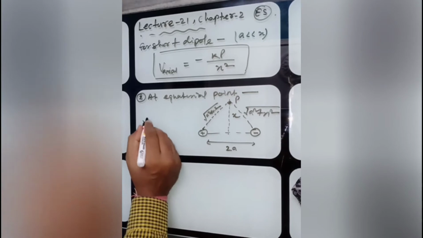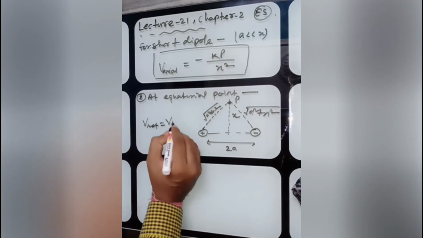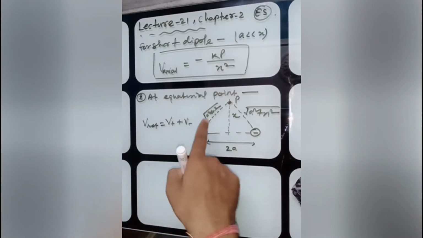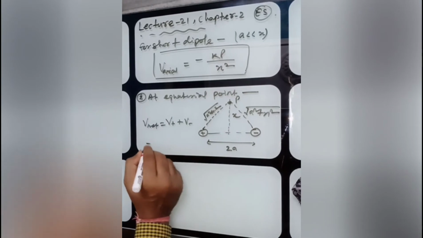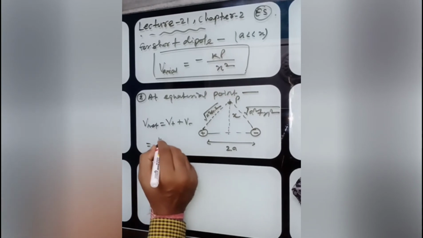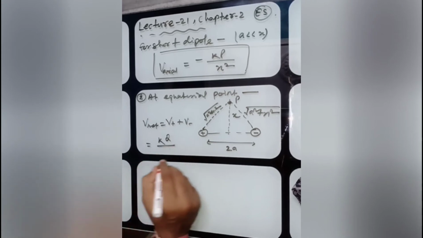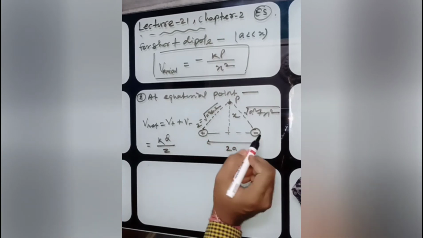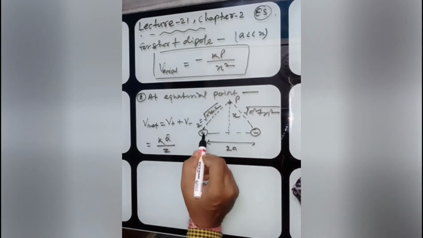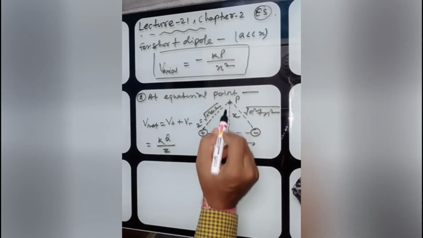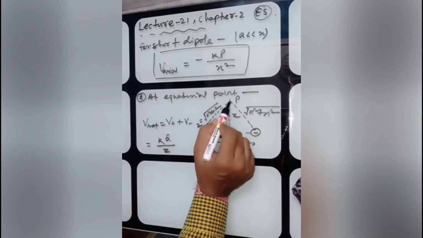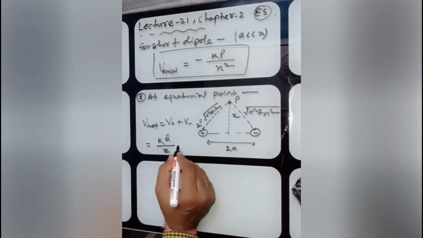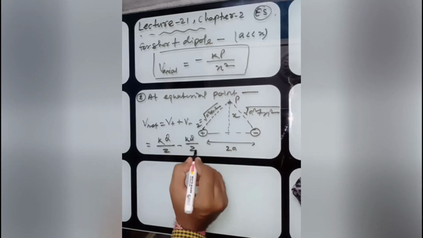If you are writing the potential V net, then you have to write V plus V minus, that is the potential due to both the charges. You have to sum up, it is a scalar quantity. Now kq by the distance, suppose it is z, for the positive charge, and for the negative charge at this point the potential will be kq by z again, but here the charge is negative, so minus kq by z.